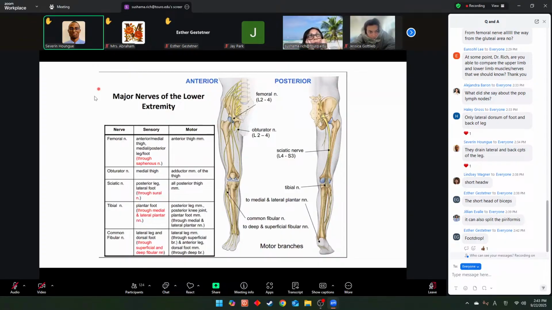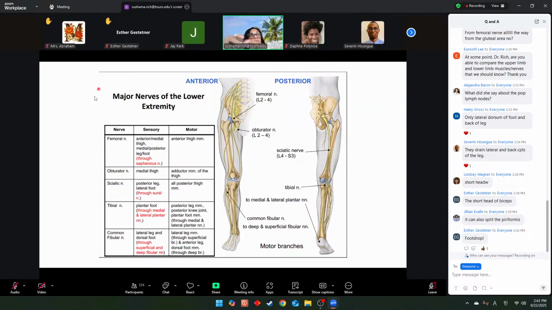So don't forget, Severin, if the deep fibular nerve supplies a bunch of muscles, it is supplying tibialis anterior, extensor hallucis longus, extensor digitorum longus, and fibularis tertius. So if the deep fibular nerve is cut up here, all those muscles will lose function. But if a muscle is cut, only that muscle's function will be lost.